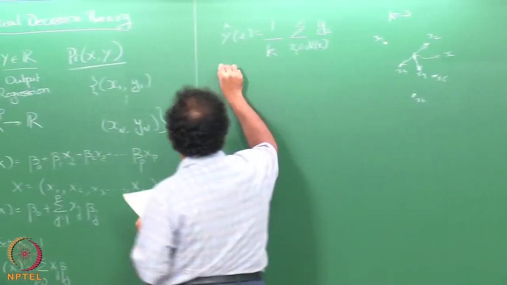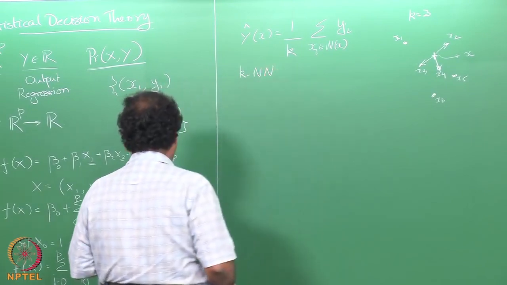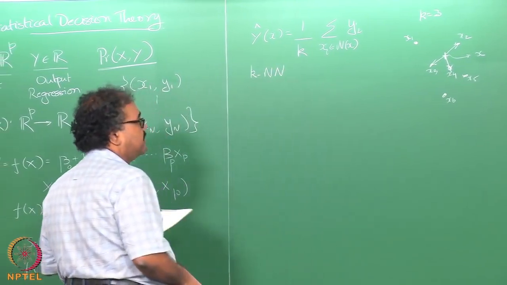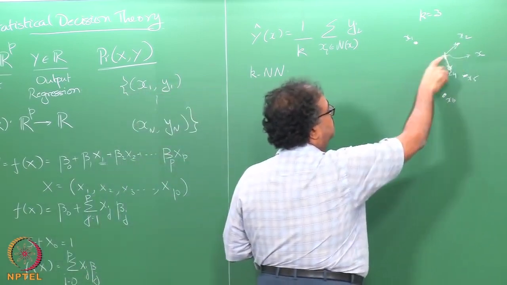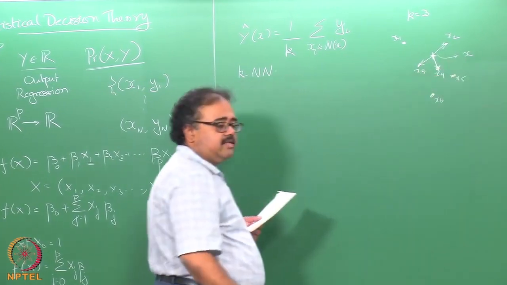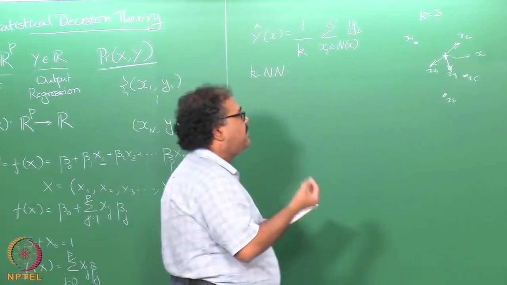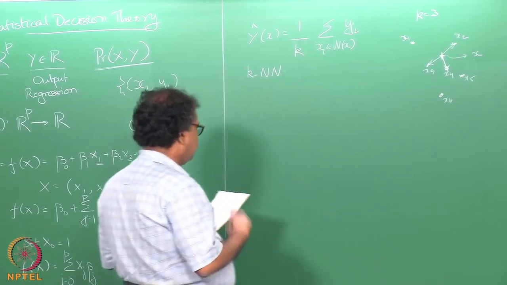This is called the k nearest neighbor regressor. So, depending on where x is, I will be picking different 3 neighbors and reporting their values. This is the k nearest neighbor.